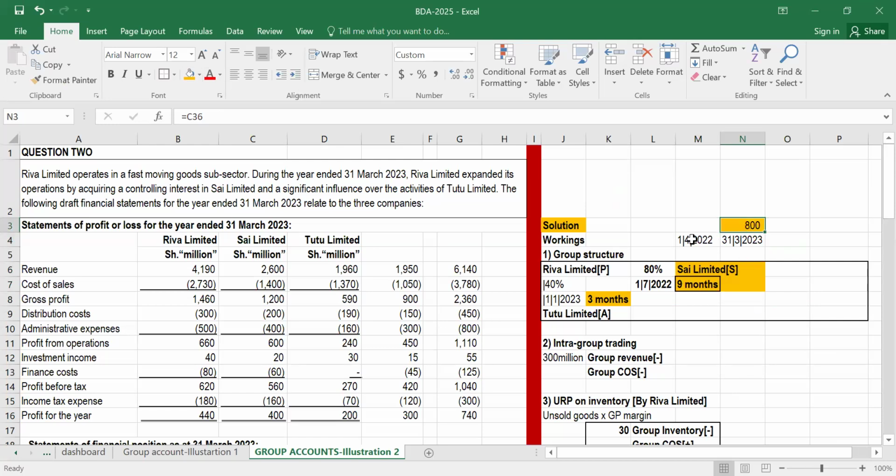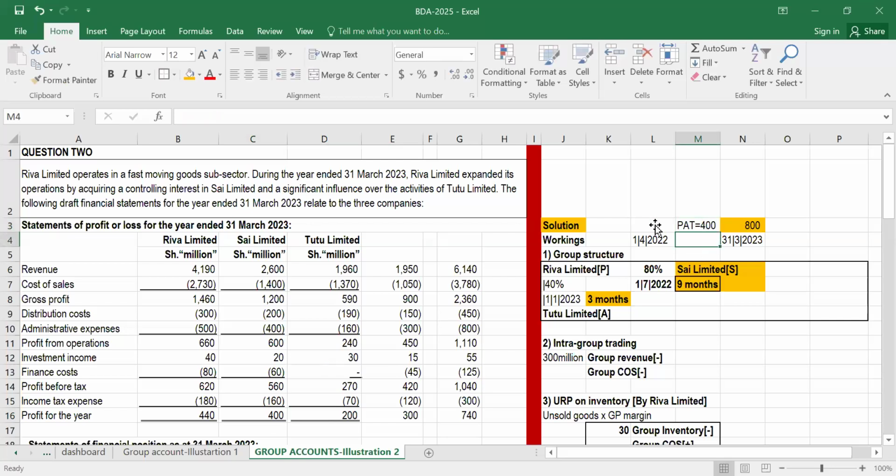But now, let me just cut this one and paste it here. We are also given the profit after tax, or basically the profit for the year for the subsidiary. The profit for the year is 400.